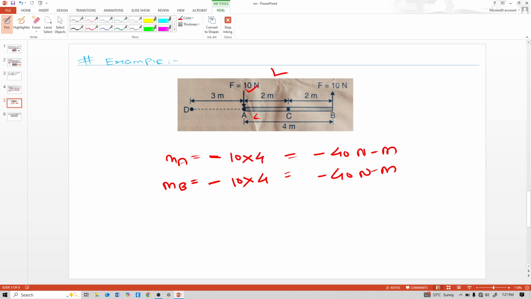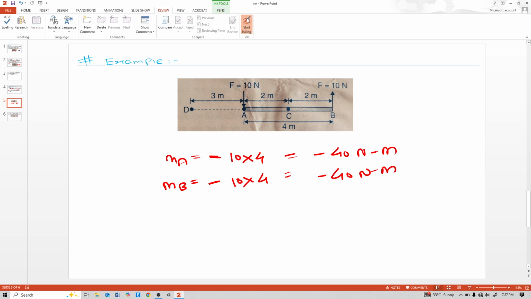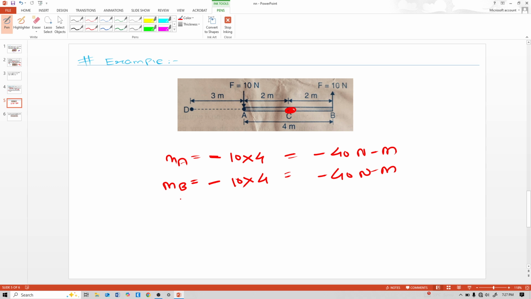Now calculate moment here at point C. So moment at C is equal to, see this 10 is anti-clockwise. So anti-clockwise means minus 10 into distance between that force and the point where we are taking moment, which is this 2 meter.